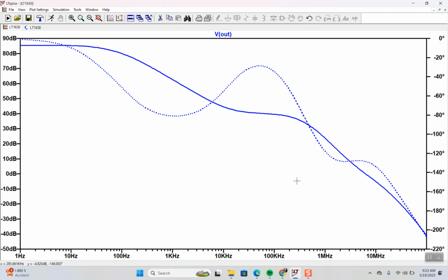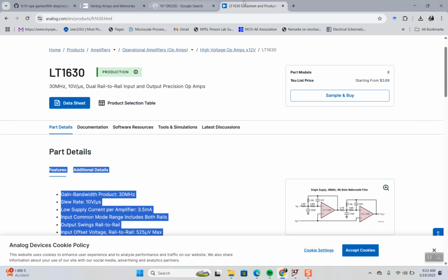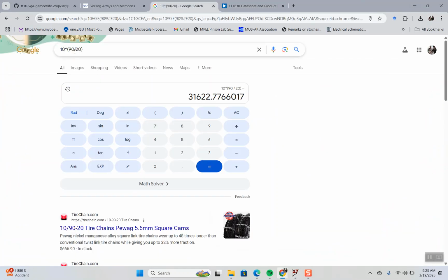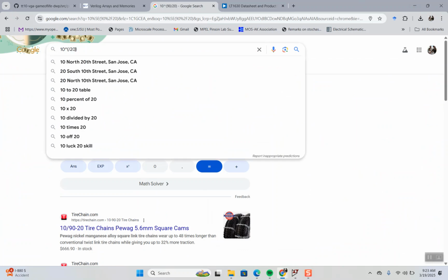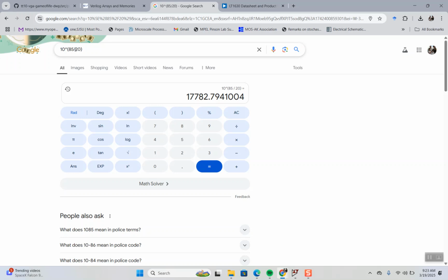So anyway, the DC gain, open loop gain is up here. Although it's not 90, it's 85. I don't think it was 90 before. I think I was just making that up. Right. So the open loop gain is 85. The gain bandwidth was around 7.